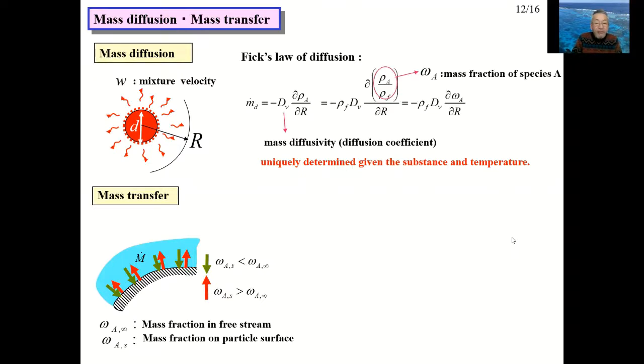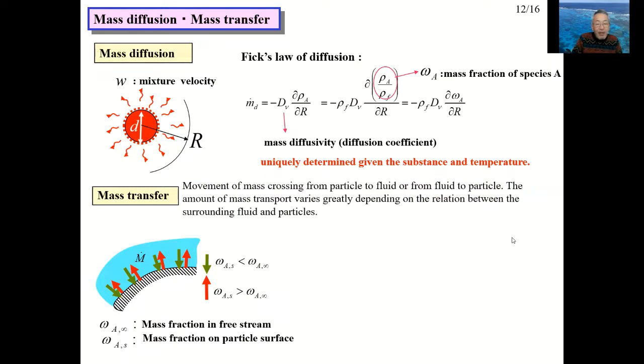Furthermore, the density is made dimensionless by the fluid density ρ_F of the free stream, as shown in the red circle. This ω_A is the mass fraction of species A.